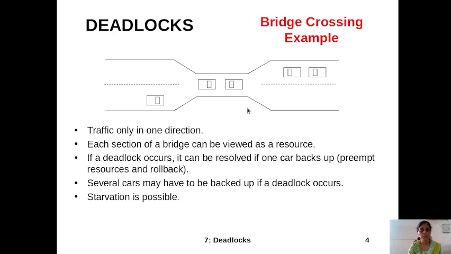So we have to resolve this conflict. Either one car has to come back or be preempted and make space for the other car, or the other driver has to go back. So that is the concept, just a small simple analogy to understand it.